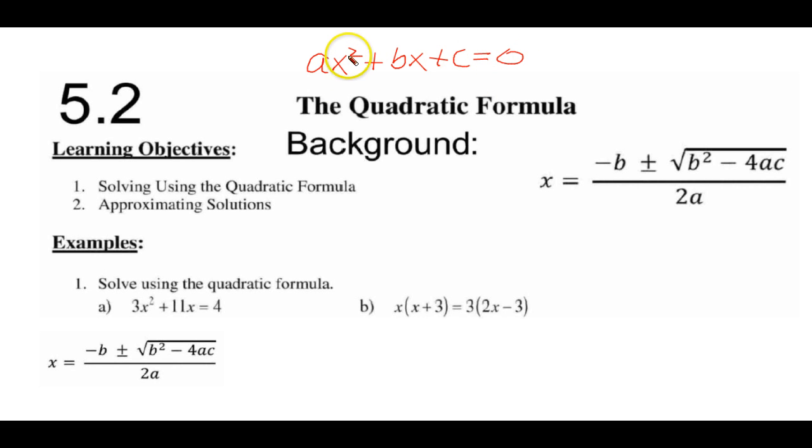And remember, the first thing we would do is to divide everything by a to get rid of the a, and we would bring our c over to this side.